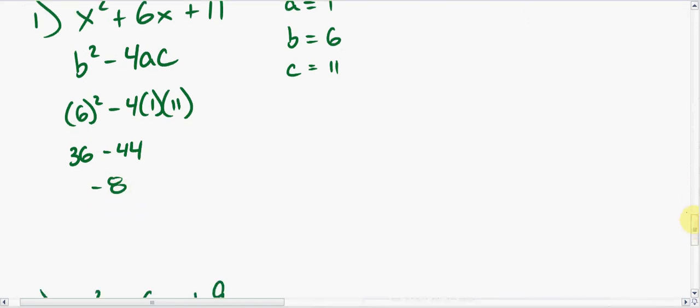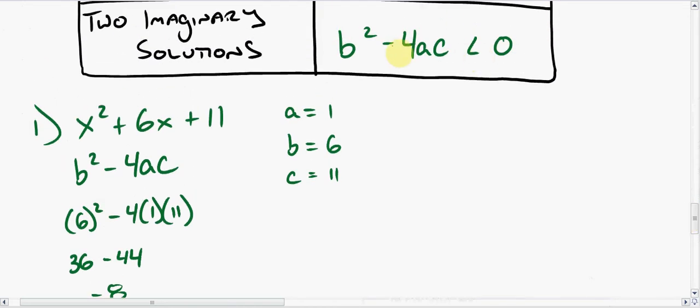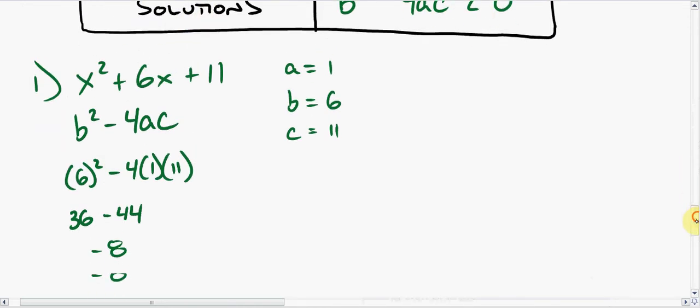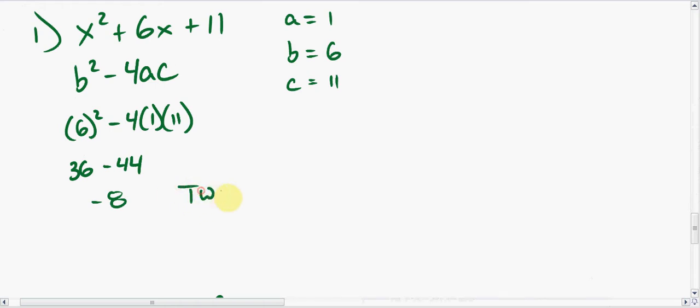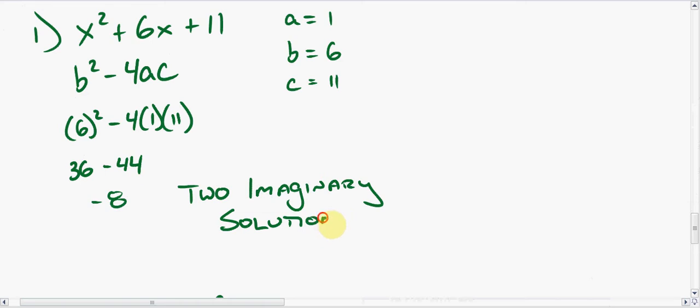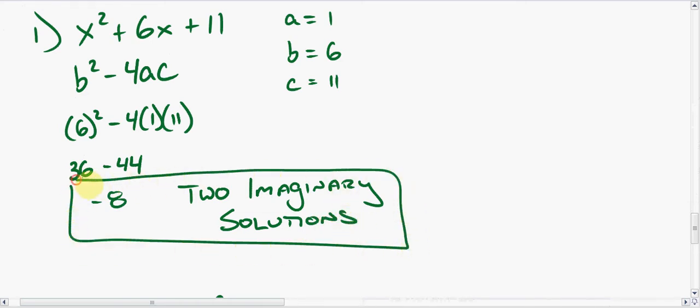So the discriminant value is negative 8. That means negative 8 is going to be underneath the square root in the whole quadratic formula. The discriminant is less than 0, so we're going to have two imaginary solutions. Evaluated the discriminant, and we stated we have two imaginary solutions.